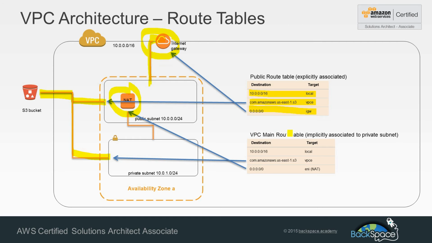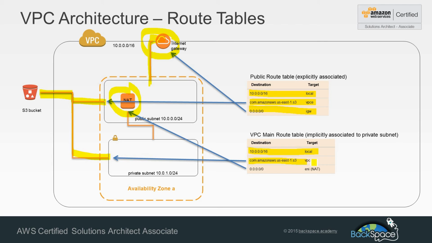Now we have the VPC main route table. That is implicitly associated to the private subnet, and it will be implicitly associated to any subnet that doesn't have a route table explicitly associated to it. Again, we've got our local traffic route.